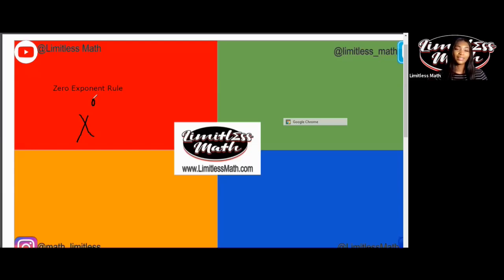Very simple. Anytime, every time you have a 0 as an exponent, it turns this value into 1 every time. It's always a 1. Anything to the 0 power becomes 1. Let's look at a few examples to practice this.